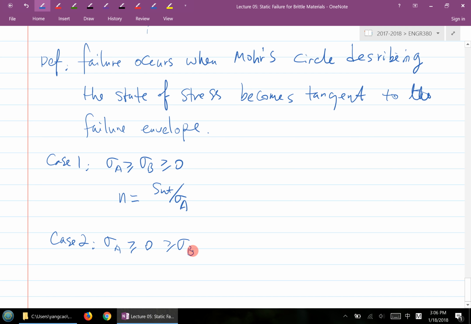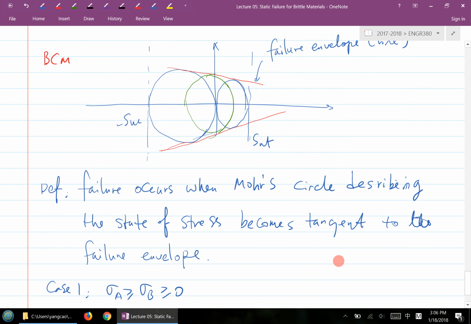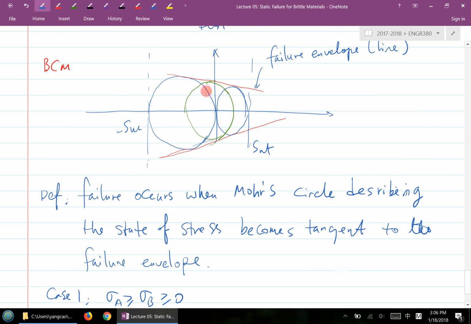So case number 2, coming back to this diagram here, the green color corresponds to case number 2. And when it becomes tangent to the red line here, it becomes a failure. In this case, we do a little bit of derivation, the details of which I'll skip.